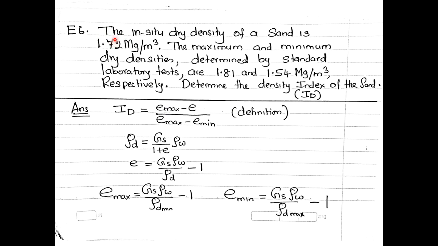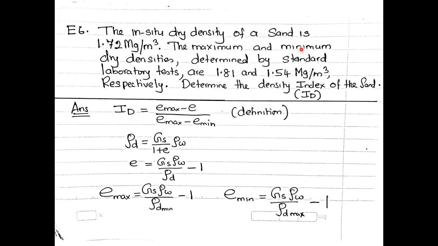Example 6. The in situ dry density of sand is 1.72 megagram per meter cube. Megagram per meter cube and gram per centimeter cube are both the same.